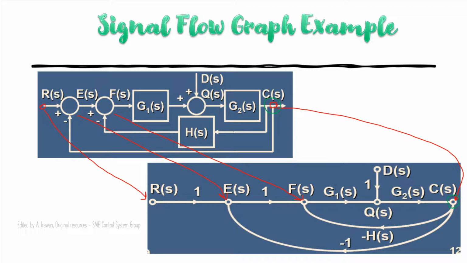But here we have another input. So this system has two inputs: this is number 1, and here is number 2. Be careful with the questions. What transfer function does the question want, or what transfer function do you want to develop?